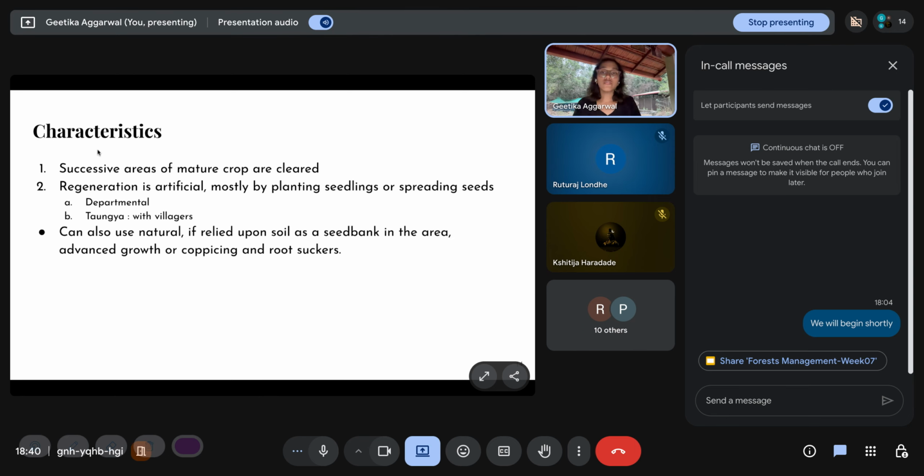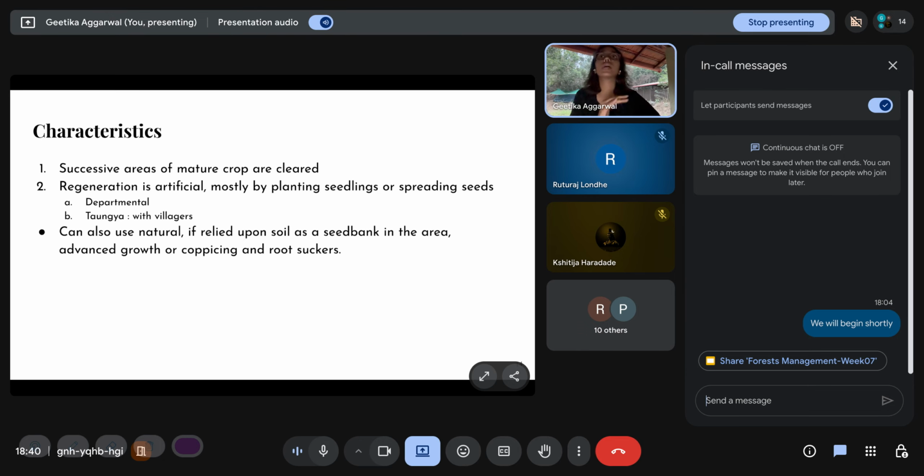Or in some cases you can also allow natural regeneration to happen if you rely on the soil as acting as a seed bank in the area. So if you think that the soil already will have seeds from the trees that you've just harvested, there will be some dormant seeds lying in the soil, then you can rely on the soil as a seed bank, or you can rely on advanced growth or coppicing and root suckers.